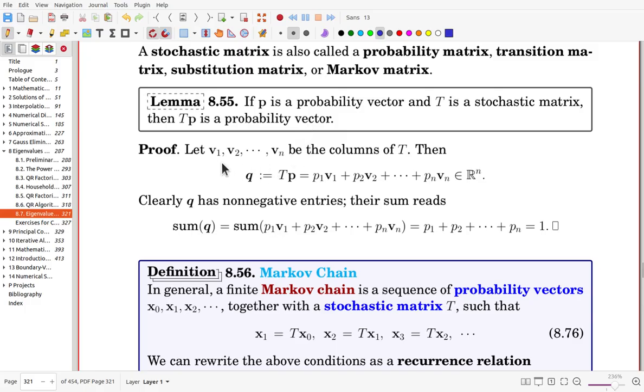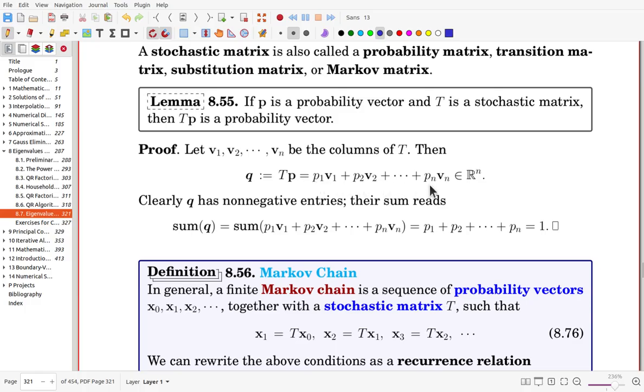Here we have v1 to vn, the columns of T. Then this matrix-vector multiplication can be written as a linear combination of the columns of T. That is the fundamental idea in linear algebra. Of course, the coefficients must come from the vector.